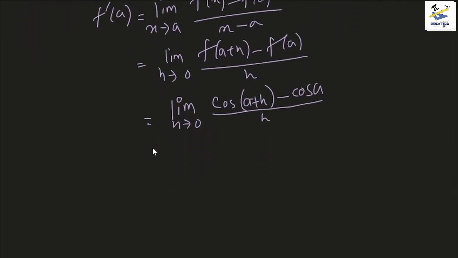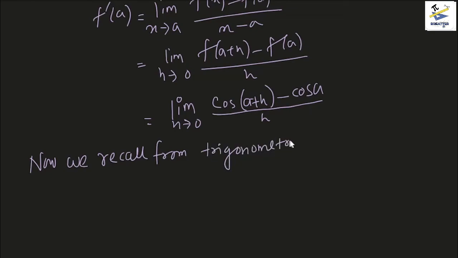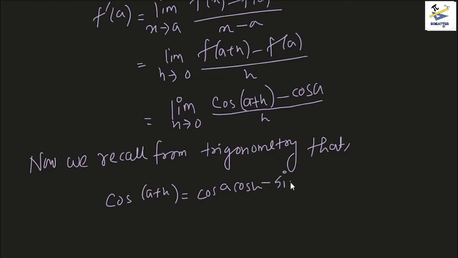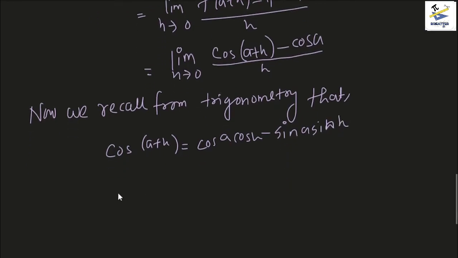So this means now we have to use the formula from trigonometry that cos of A plus h is equals to cos A cos h minus sin A sin h. Using this formula, what we can do is as follows.